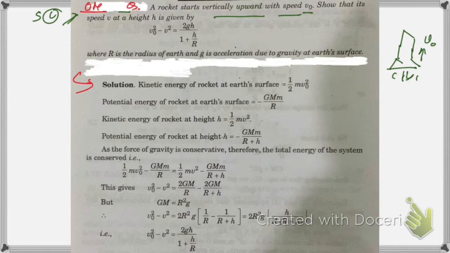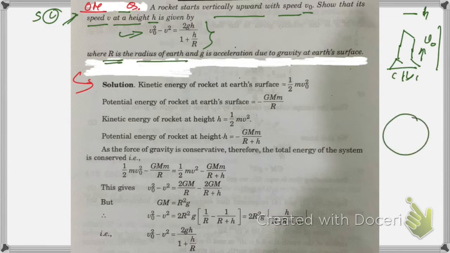So that the speed v after it reaches a height h from the earth is related by this expression, this relation, where capital R is the radius of the earth, and small g is the acceleration due to gravity, right?